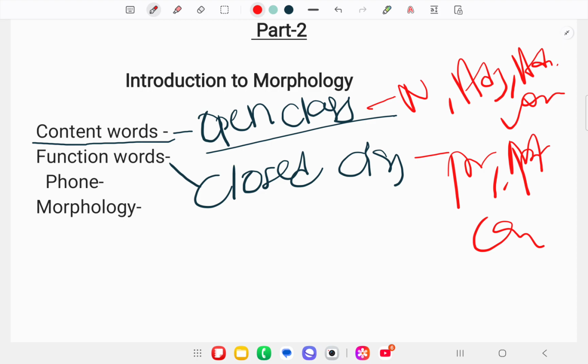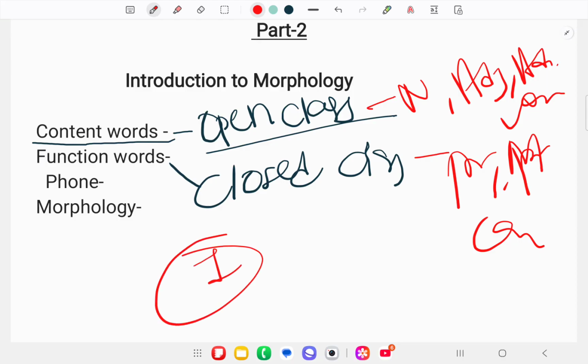Open class means if you attach any affixes, either a suffix or a prefix, that is known as open class words. While in closed class, we cannot attach any of the affixes.